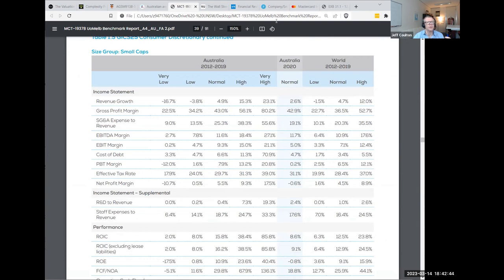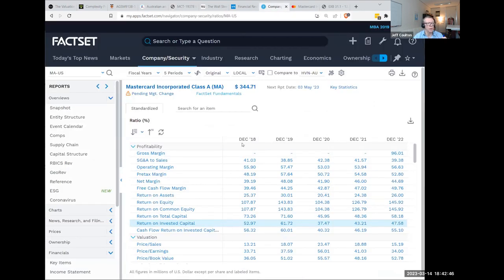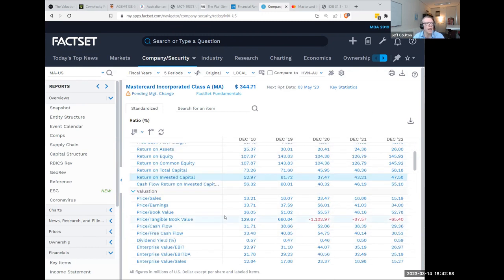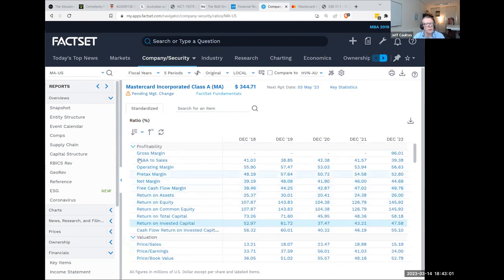The way you would do that, let's say we were looking at MasterCard. Have we now got the FactSet figures up? We can see that, yep. Okay. Let's say I'm interested in how MasterCard has gone.